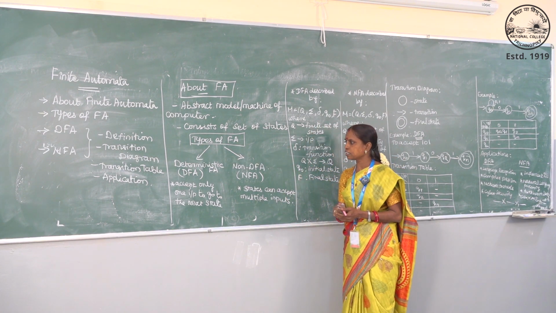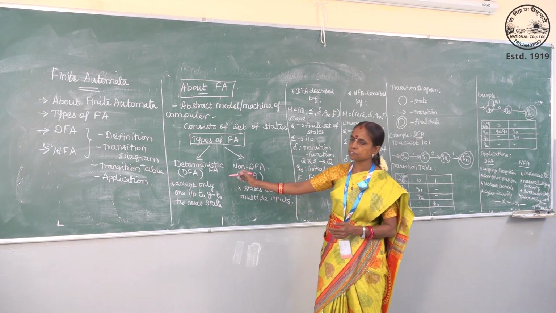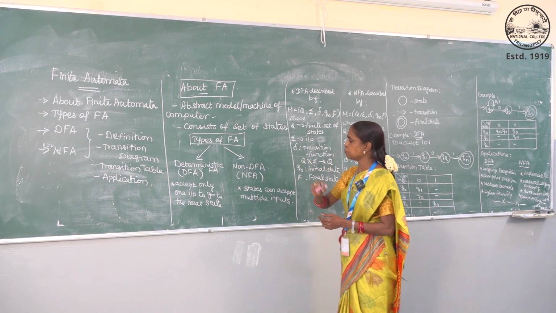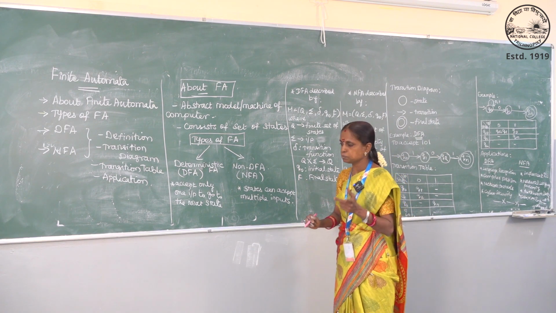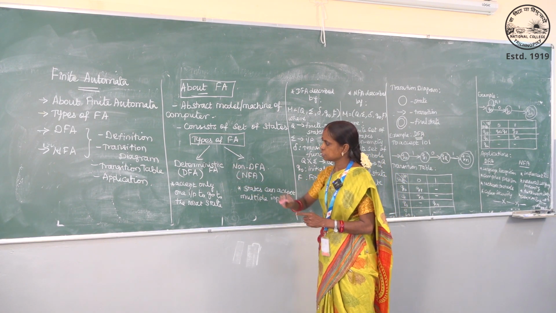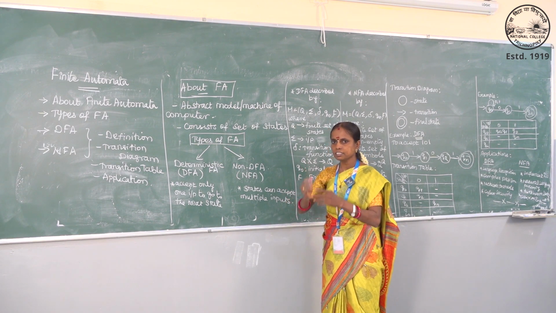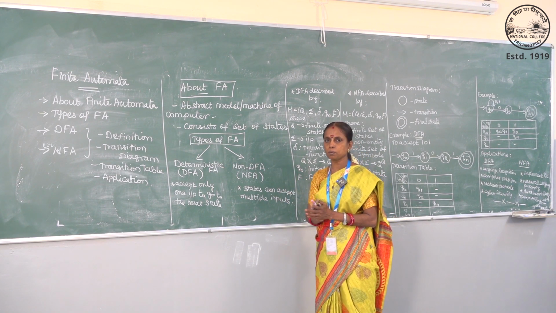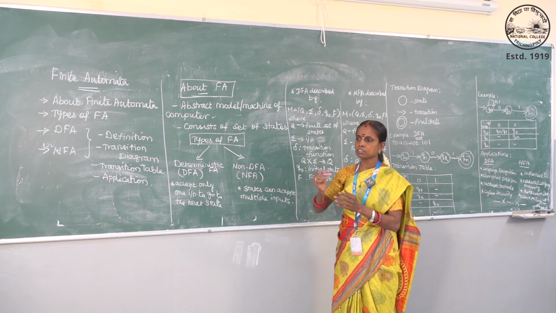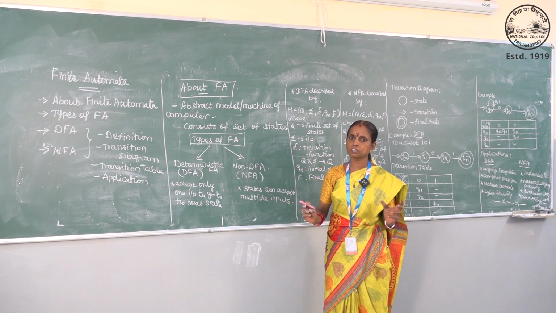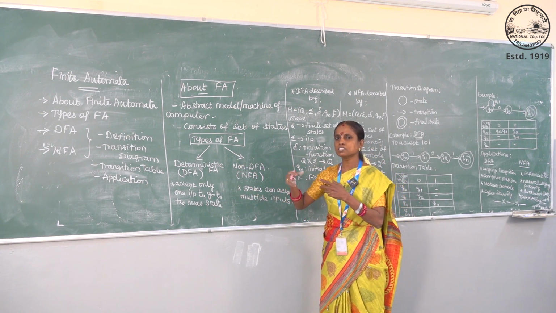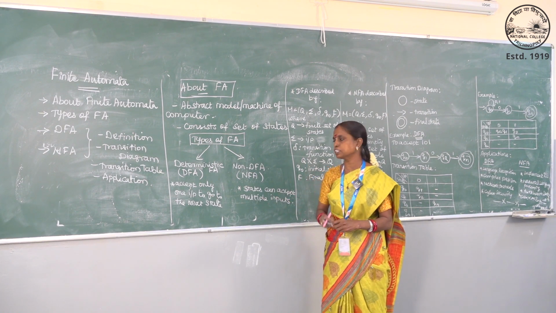Types of finite automata: deterministic finite automata and non-deterministic finite automata. Likewise two types are available. What is deterministic finite automata? Already you know finite automata has several different states. Among those states, a final state is available and a start state is available. In between, it is traversed by accepting the states only.